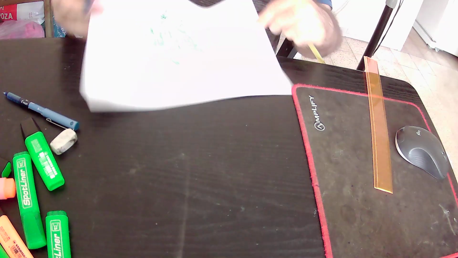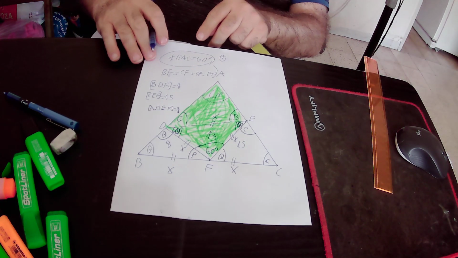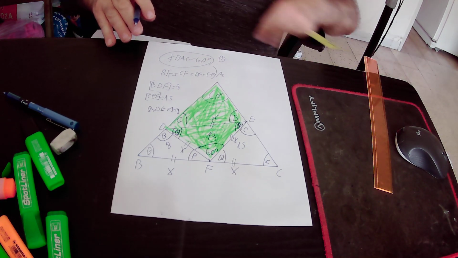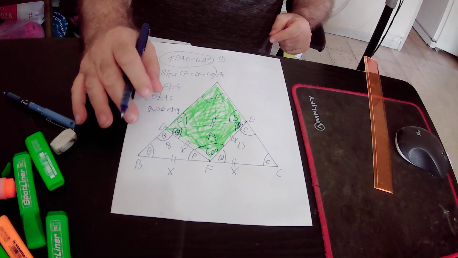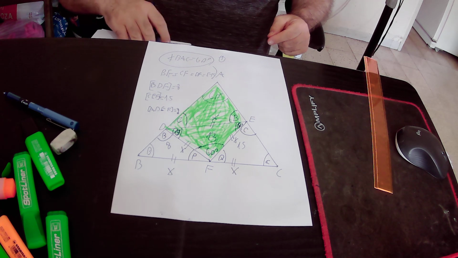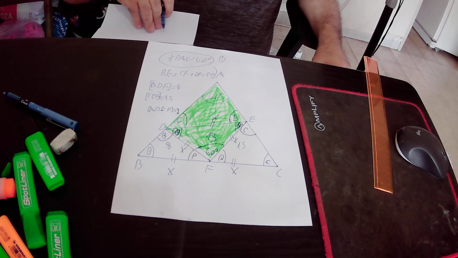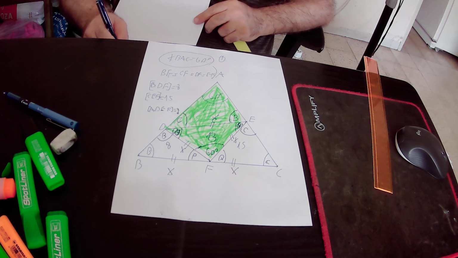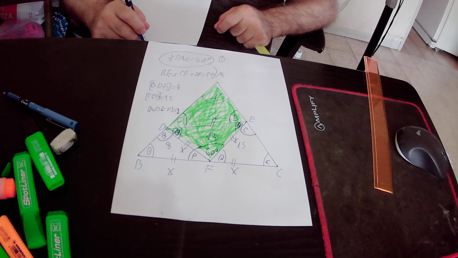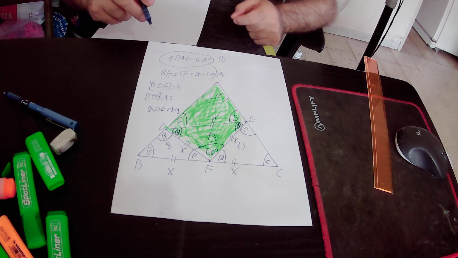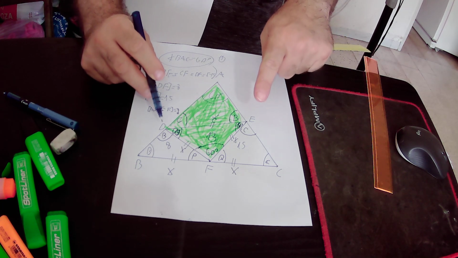So actually now we can calculate the area of the quadrilateral DBEC. The area of the quadrilateral DBEC equals the areas of the three triangles that it consists of.